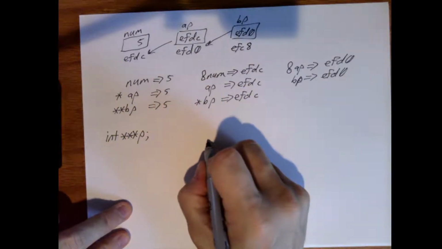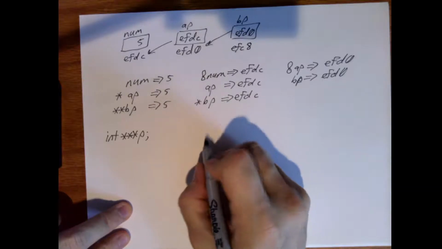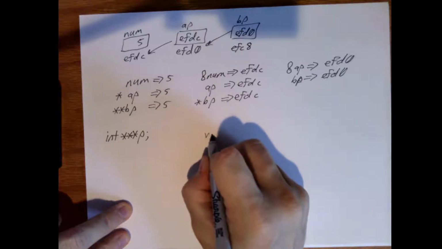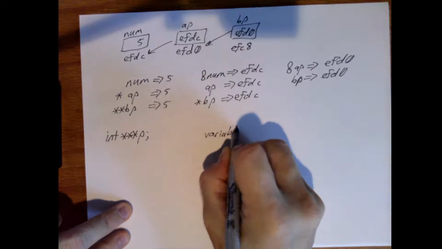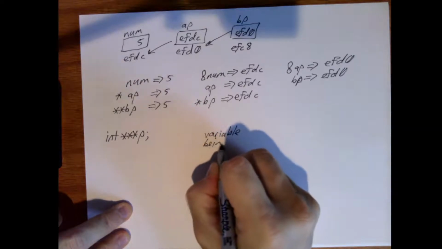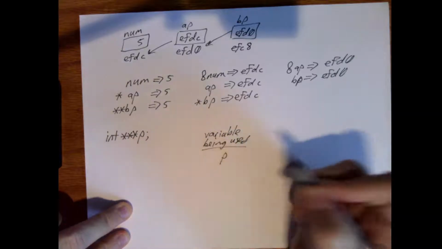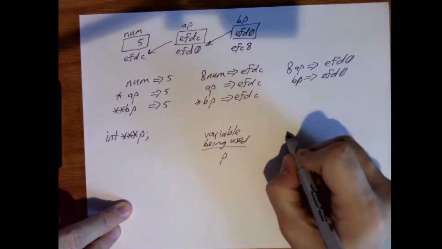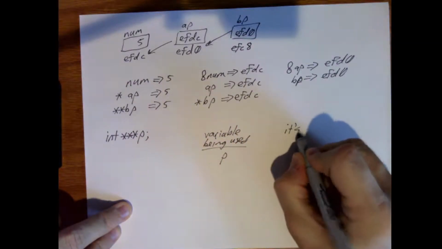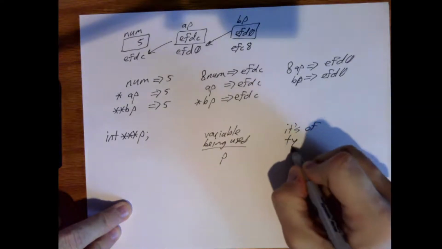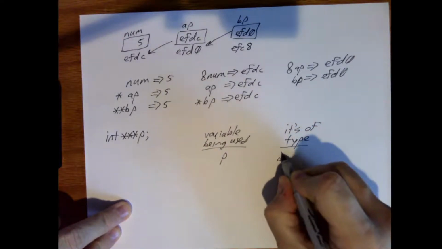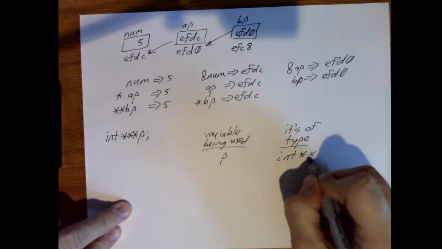So the variable being used is this. When I write P, it's of type int star star star.